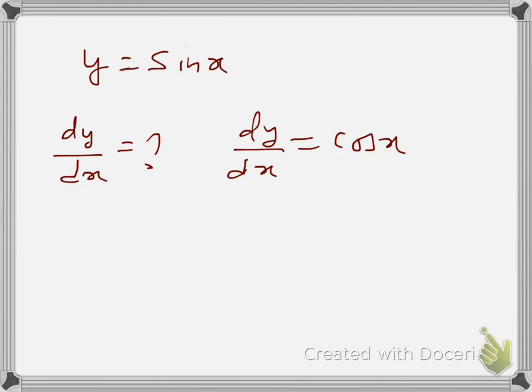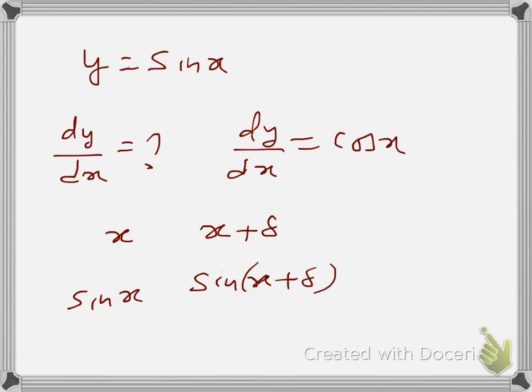you should find change in y by change in x. First you change x. The original value of x is x only. The new value of x is x plus delta. So the original value of y is sin x. The new value is sin of x plus delta. So these are x values, these are y values. What you have to do? Change in y. Change means final minus initial.